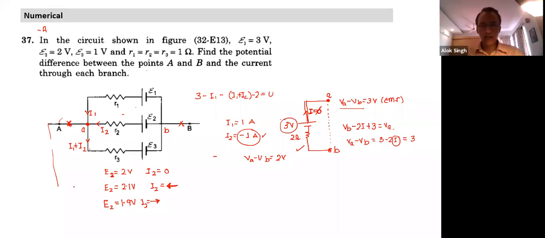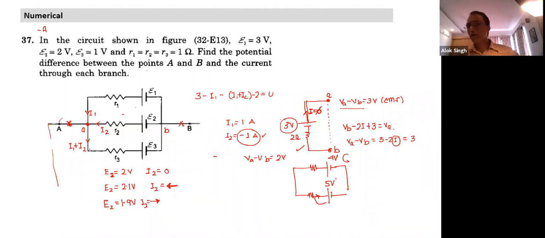Okay, but see what happens if there is a single loop. Here with two loops, it is difficult to tell, Vignesh. I think we should not even try that one. Suppose it is given as 4 volts and this is 5 volts, and you have to tell which direction the current will flow. This is easy, because this battery is trying to send the current in the anti-clockwise direction, and this battery is trying to send the current in the clockwise direction.